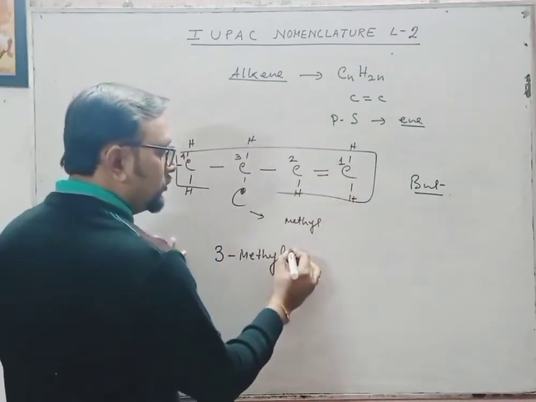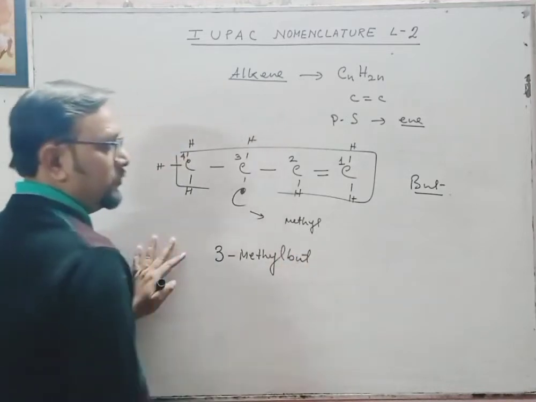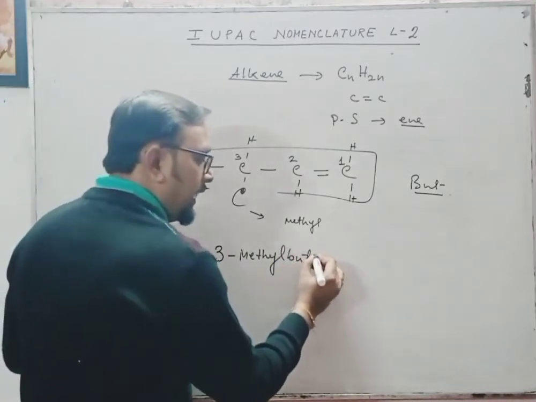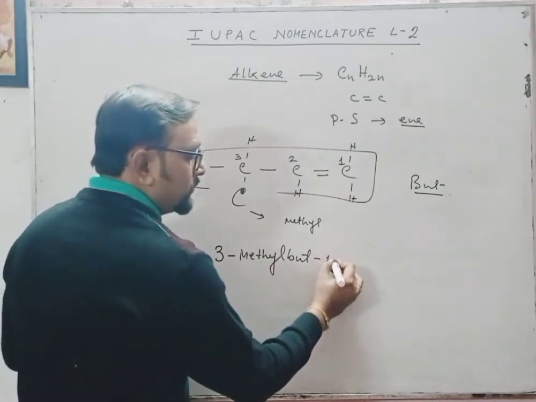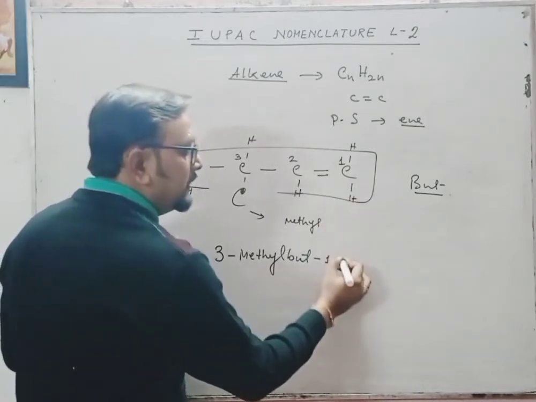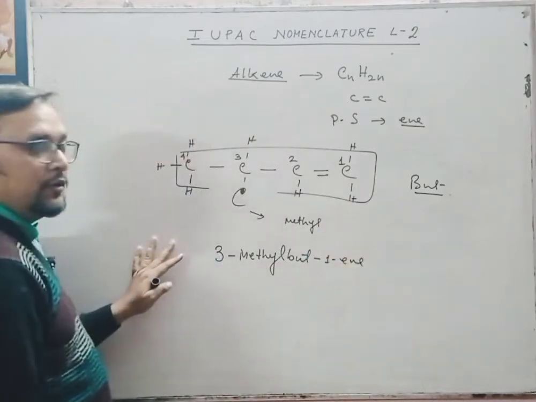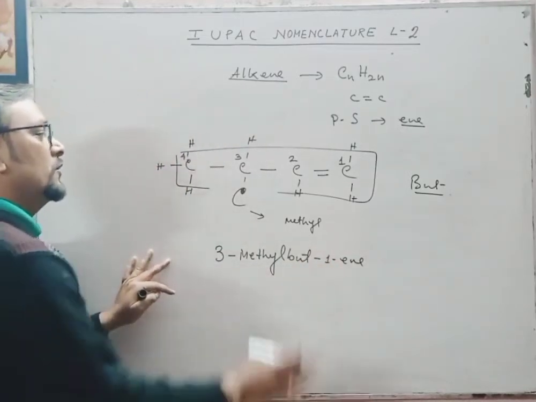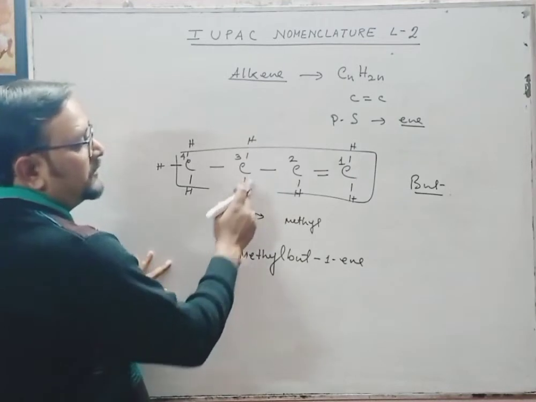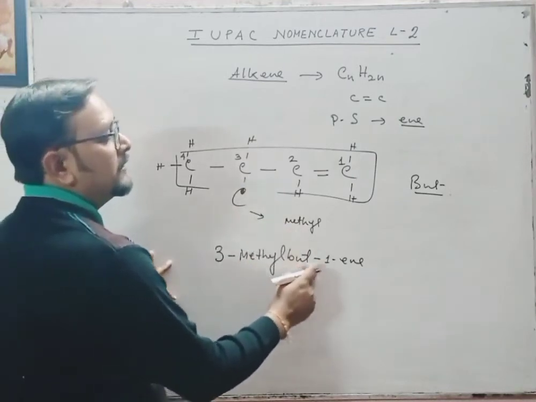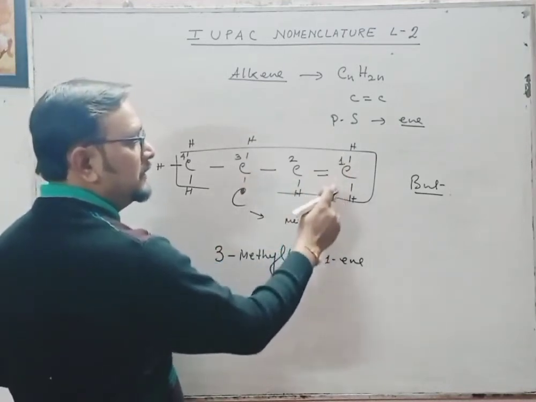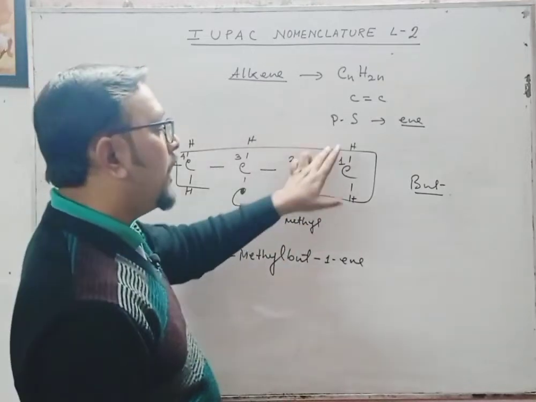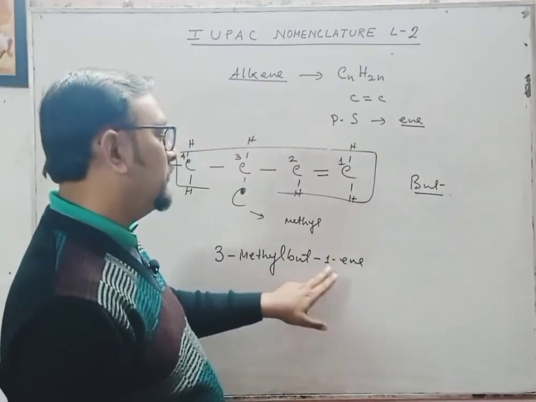What is that? The word root is but, then -1-, then ene. Understood? So 3-methylbut-1-ene is the name of this compound. In the third position we have the methyl group, and but-1-ene means the double bond is in the first position.